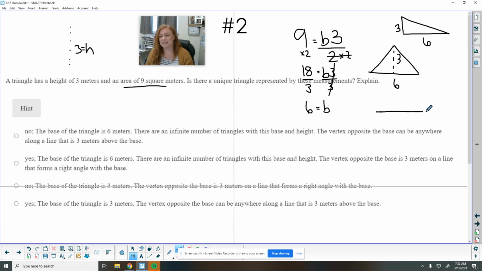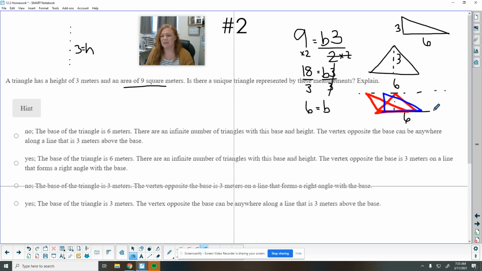So we know our base is 6 across, and we go 3 meters up. My other vertex could be anywhere along here. Let me grab a different color. We could have a triangle that looks like this, or like this one. We could have a triangle that's a right triangle.